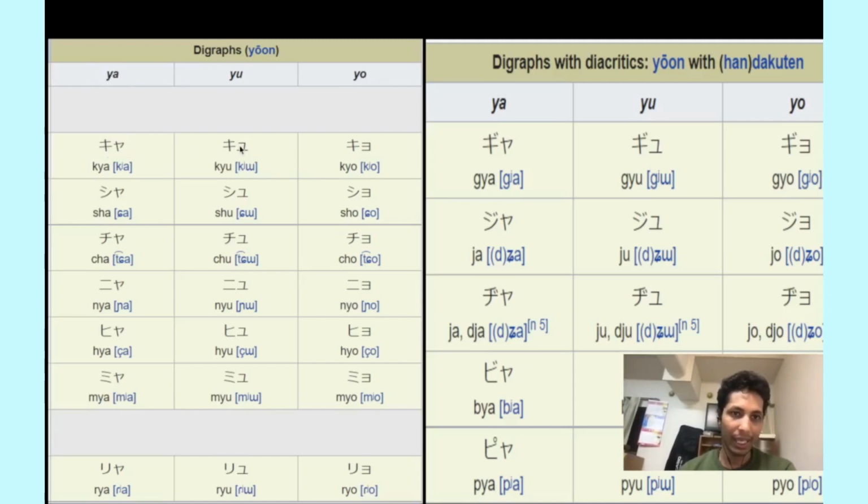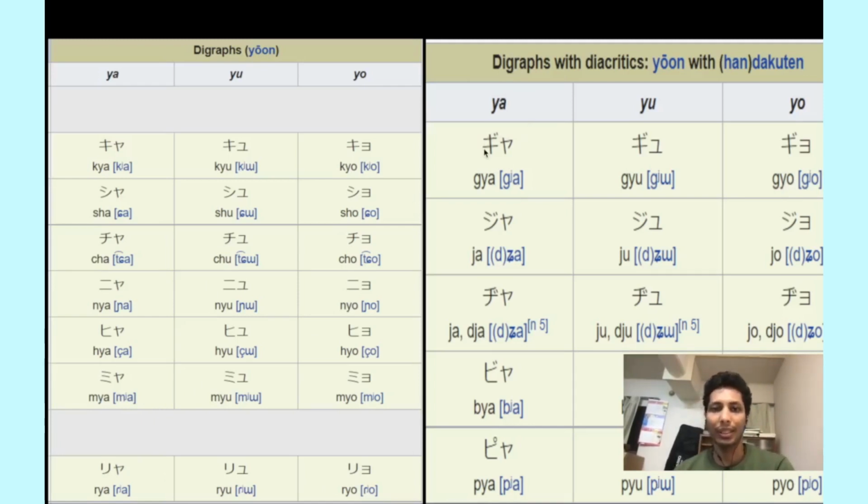So this is kya, kyu, kyo, sha, shu, sho. And this was chi, cha, chu, cho, right? Nya, nyu, nyo, hya, hyu, hyo, mya, myu, myo, and then this is what? Ri, so rya, ryu, ryo. Similarly, it is gya.